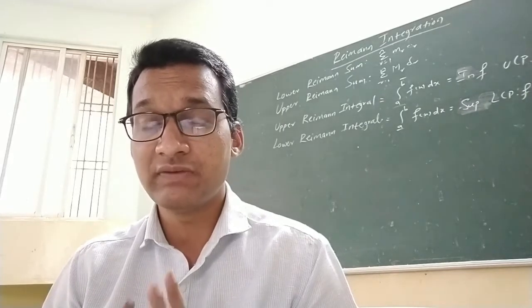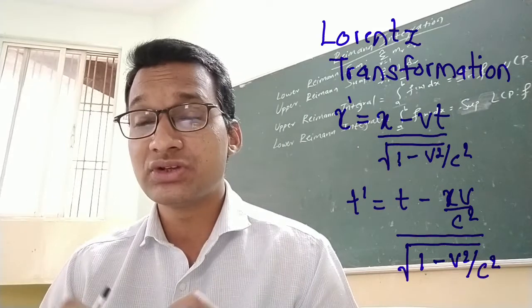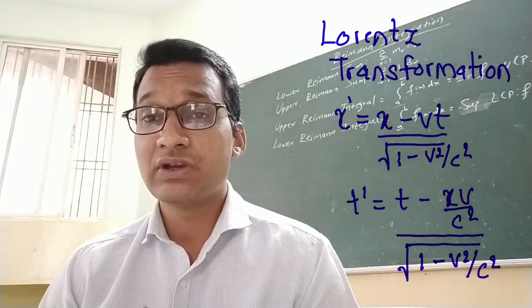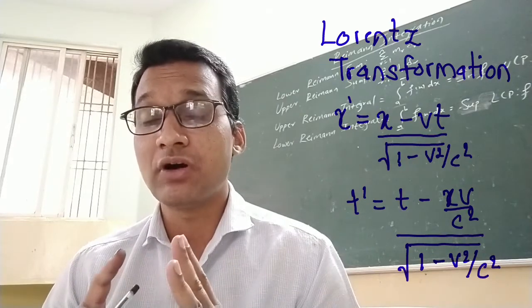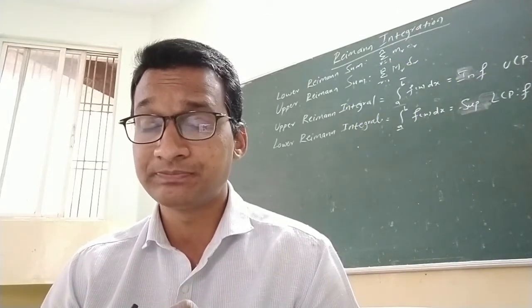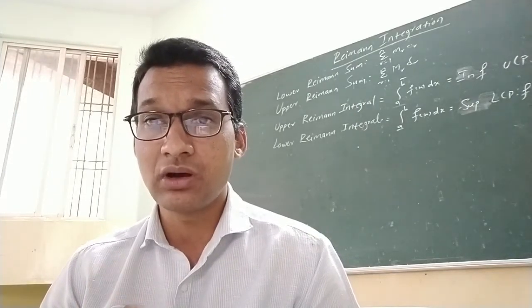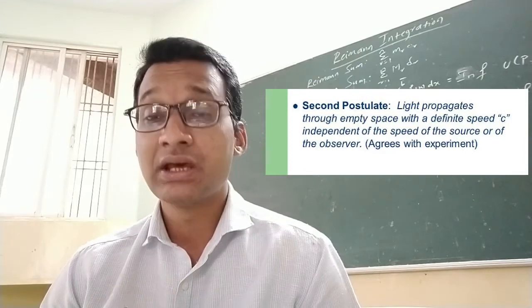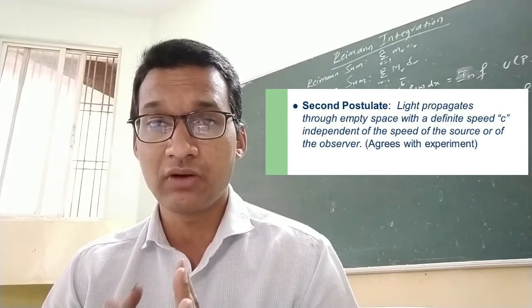Same way, when we were doing kinematics, Lorentz transformation helped us to find the correct equations for positions, for length, for time and for velocity. The same Lorentz transformation which helped us to follow the second principle of theory of relativity, that is the velocity of light is same for all inertial frames of reference.